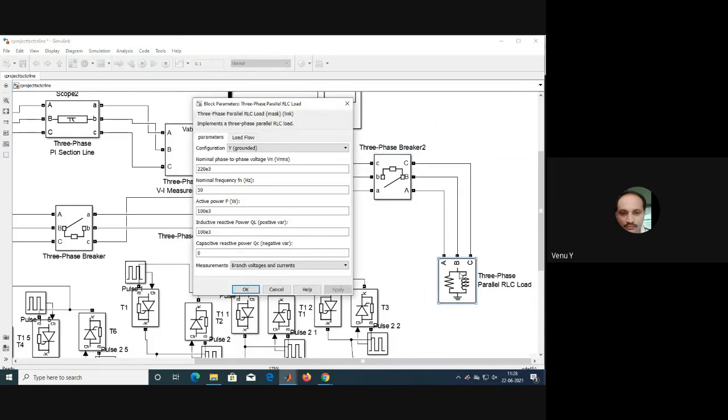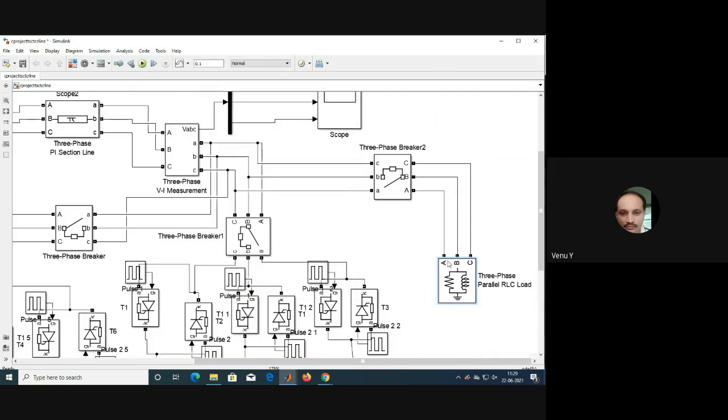And the RL circuit: this is the nominal frequency, voltage, nominal phase-to-phase voltage 220 kV. 220 into root 2, you will get some peak value. So this is the frequency 50 Hz, active power is 100 kilowatts, reactive power 100 kVAR. Capacitive reactive power is 0. And measurements, branch voltage and currents. Okay. So this is the load.